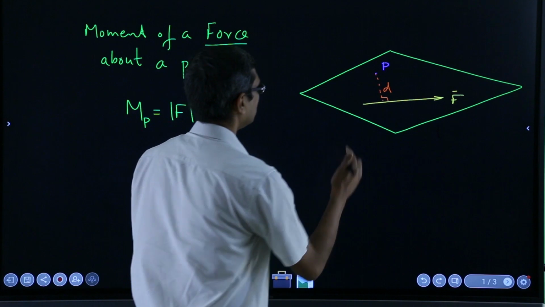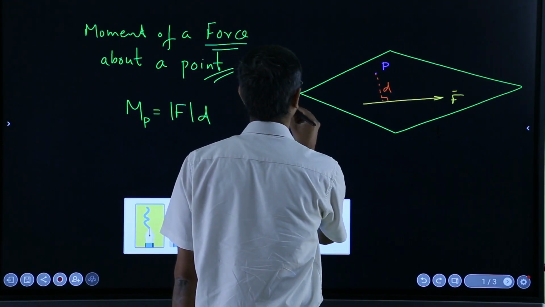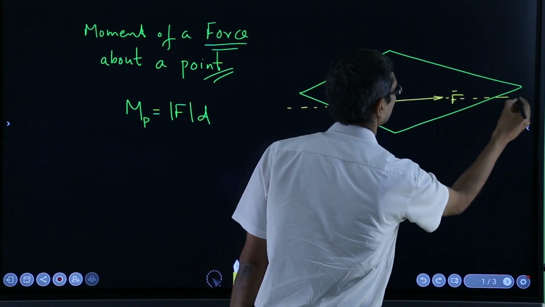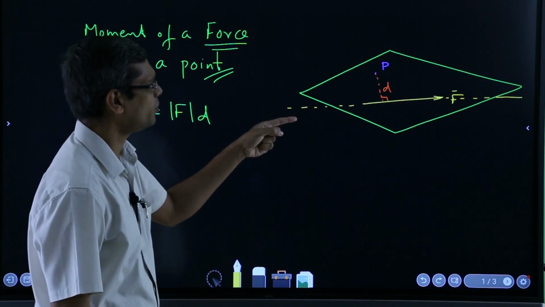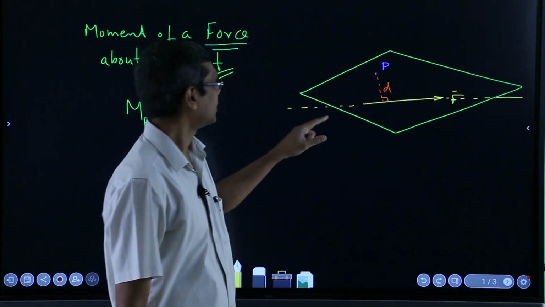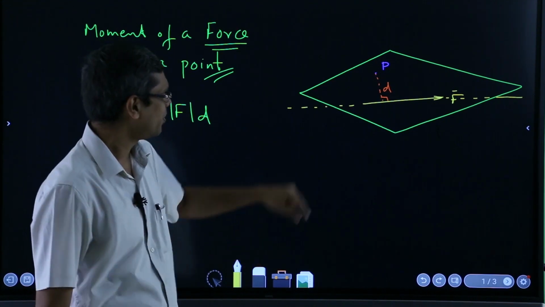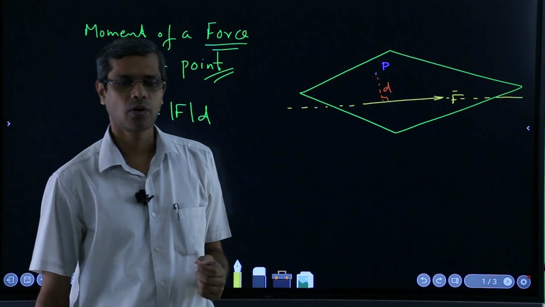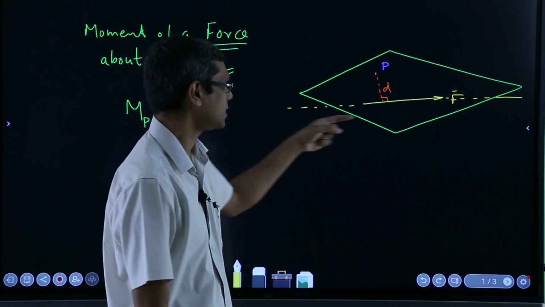Okay. Now, suppose this is the line of action of the force. The force could be anywhere on this line of action, still the moment of that force will be the same, F times d, because the shortest distance from the point of interest is not changing when we are changing along this line of action.